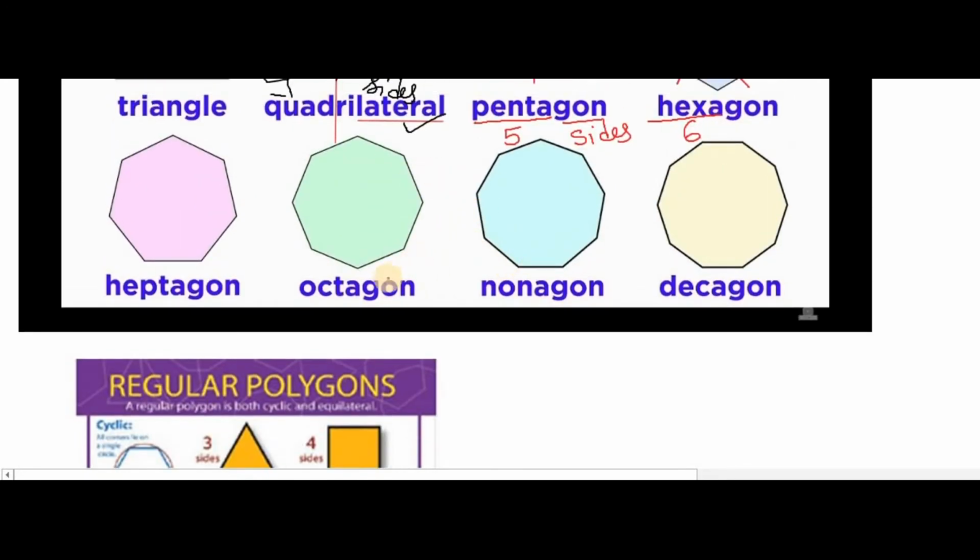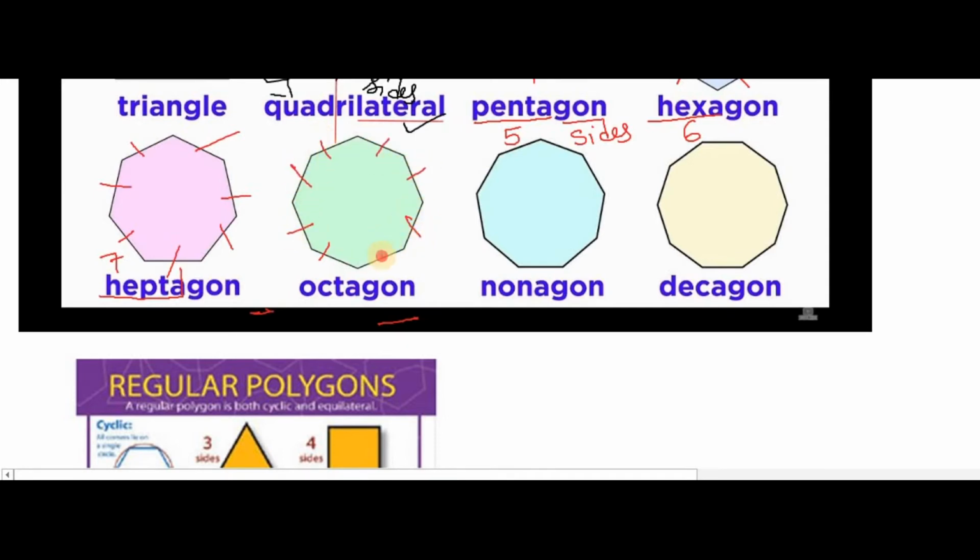And here hepta. Hepta means 7. 1, 2, 3, 4, 5, 6, 7. So a 7-sided shape is called a heptagon and an 8-sided shape is called an octagon.